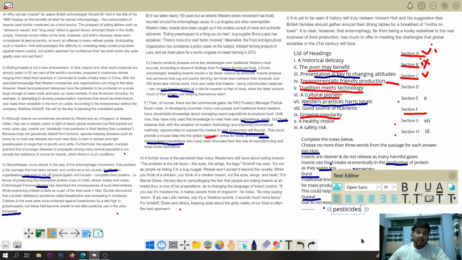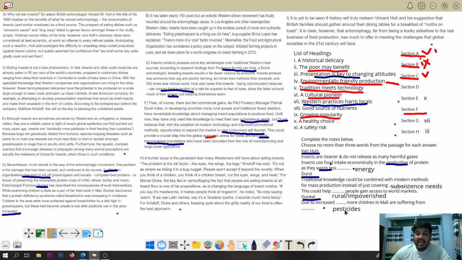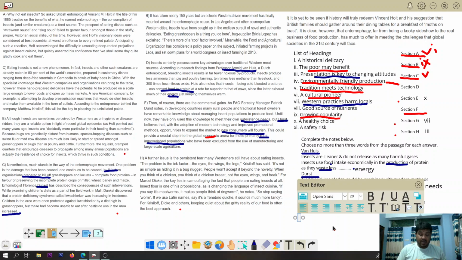Pesticides. So there was an increase in pesticides. Due to increased pesticides, more children in Mali were suffering from something. So this name, or you can write protein deficiency. That is what the children are suffering from, because they cannot eat grasshoppers, which used to provide them a lot of protein.